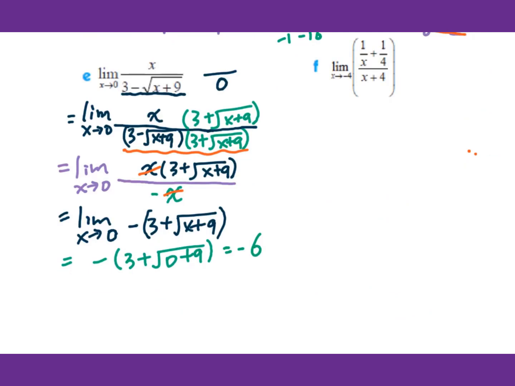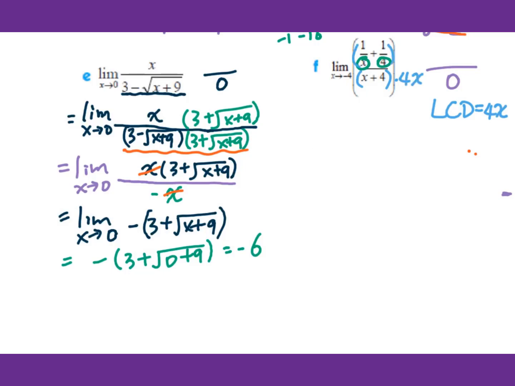Now let's go to F. We know this is a complex fraction. When we do direct substitution, you will get the denominator is 0. Therefore, we simplify this complex fraction. Check the denominators. I have x, here's 4. So the LCD equals 4x, which means for the denominator I multiply by 4x.